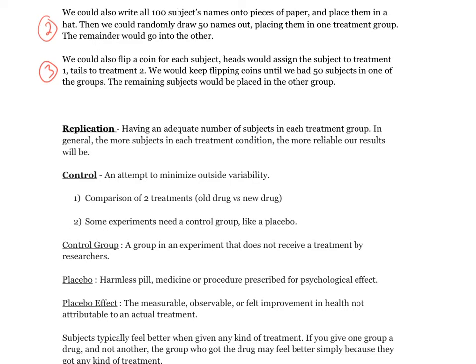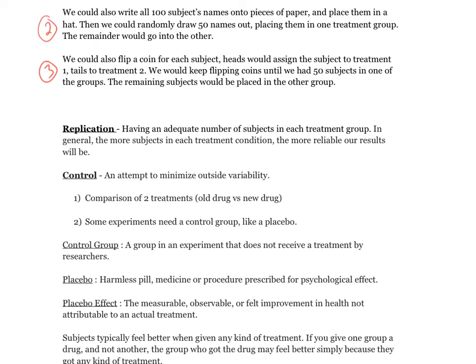Some experiments need a control group like a placebo, where if we only have one drug, then we would split the subjects up into 2 groups. One group would get the drug, and the other group would get maybe a sugar pill. The idea being that we'd want everyone in the experiment to think they were getting the treatment. And we'll talk about the importance of that in a little bit.